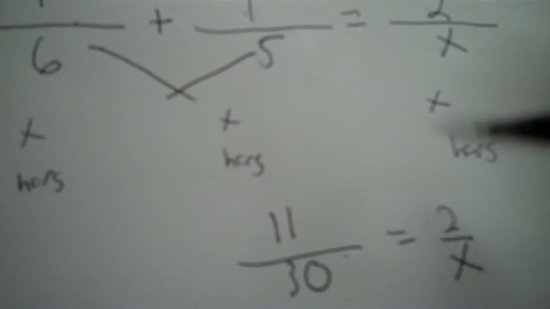So that's going to be 11 over 30. And now those have been added to get 11 over 30, okay, and then 2 over X. So you're adding these together as fractions. So 30 times 2 is equal to 11 times X, okay?